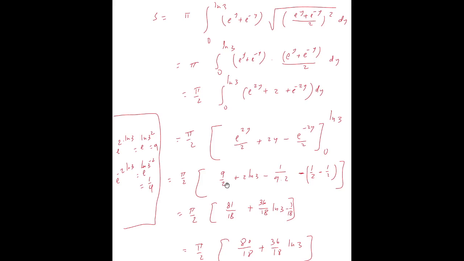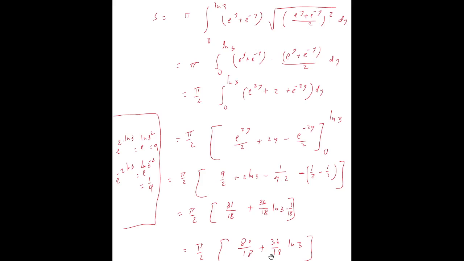So I'm just making all these denominators 18 by multiplying the first expression by 9 on the top and 9 on the bottom. That gives me 81 over 18 plus 36 over 18 ln 3 minus 1 over 18. I can now combine 81 minus 1, which is 80, divided by 18, plus 36 divided by 18 ln 3.